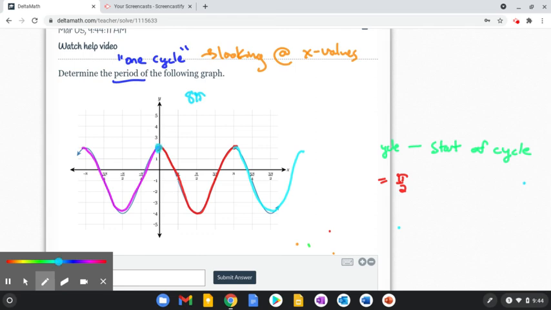So from right here would be my start, and then this cycle ends here. So from there to there, that is one period. Well, it's just going to be pi, right? That's because it ends at pi minus 0, so it's just obviously pi. Okay. That's all we type in, pi.